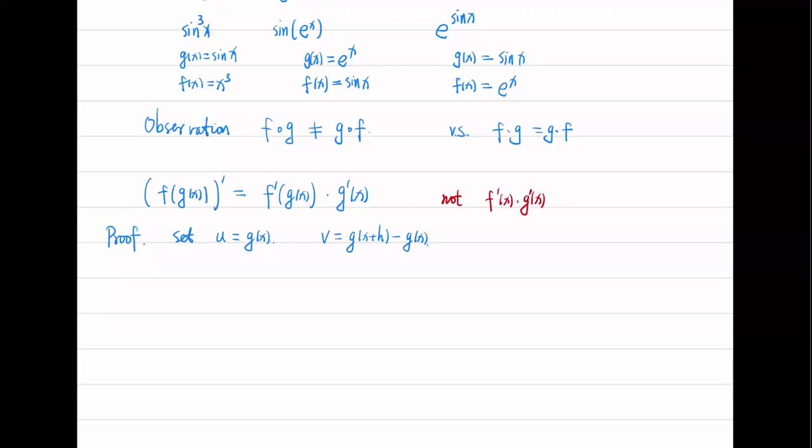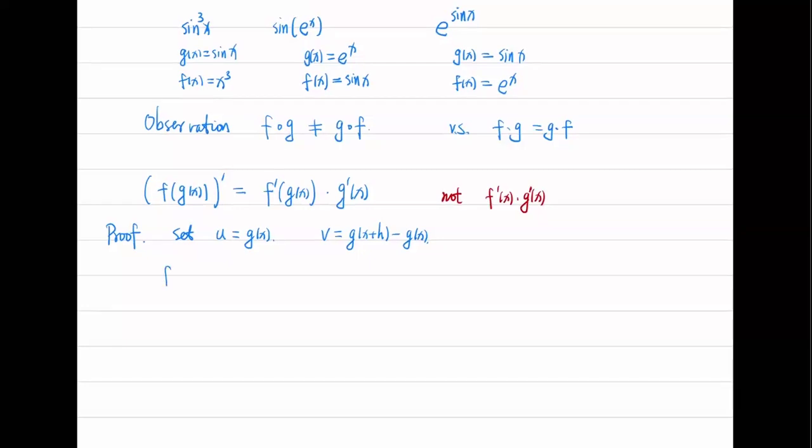The derivative is the quotient of the increment in the value and the increment in x, from x to x plus h. If we take a limit, we get the definition of this derivative.